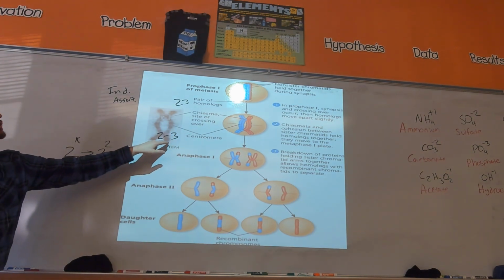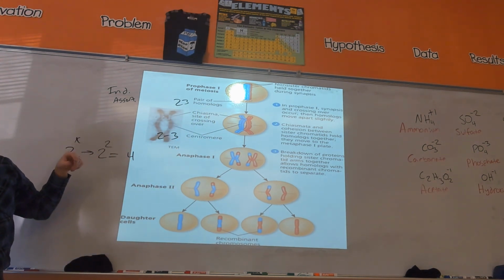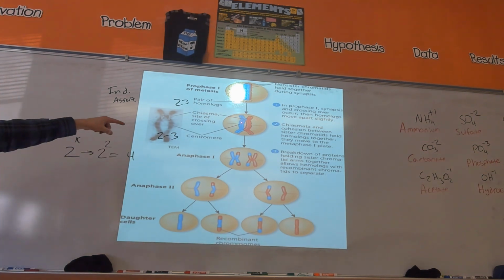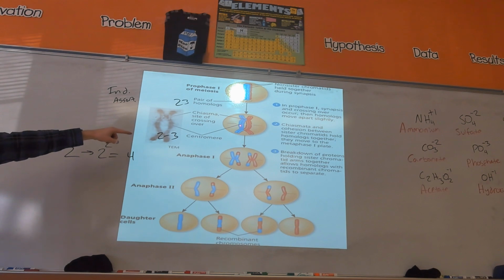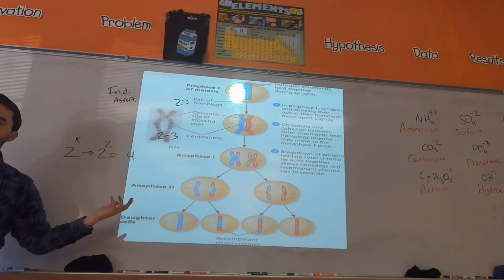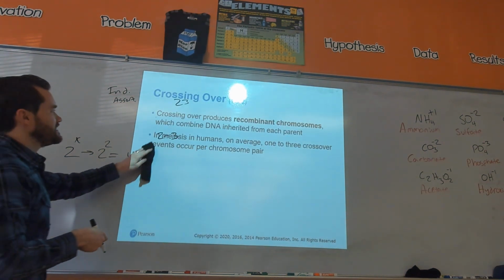In other words, up to 3 times 23, so there are 46 to 69 different events of crossing over during meiosis. That would add even more variation on top of independent assortment.